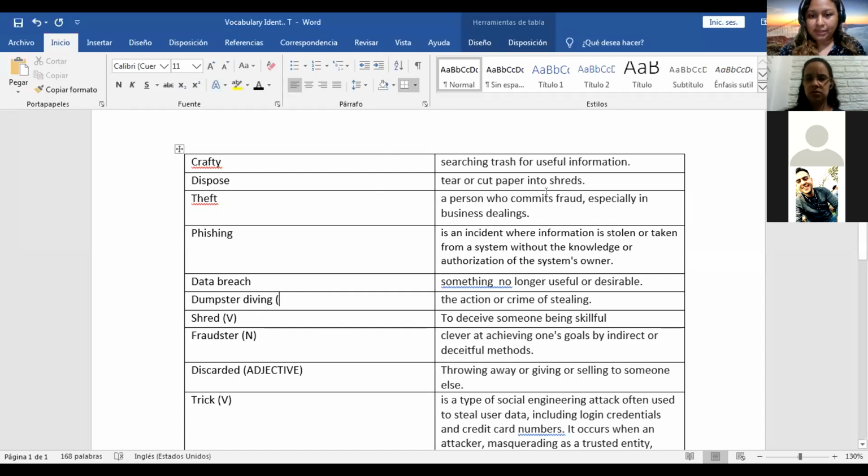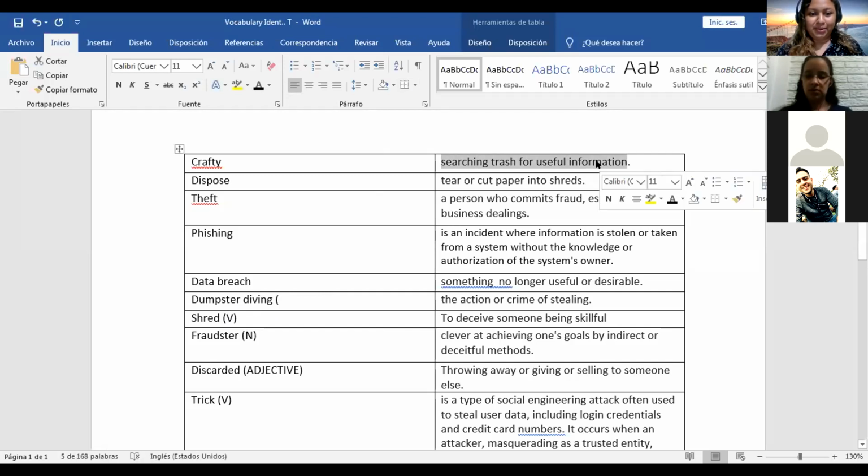So dumpster diving is a noun. It's an activity. It is like swimming. It is a noun like playing soccer, like speaking, like sleeping. It is a noun.